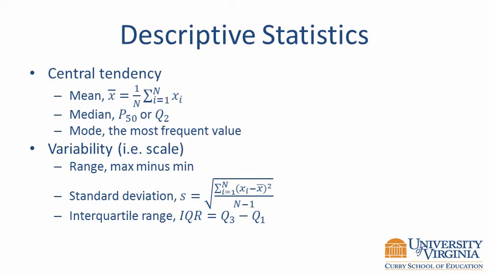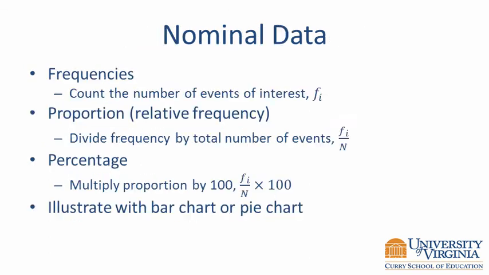You now see that you have various choices for describing central tendency and variability. Which one do you use? It depends on the type of data. You can see that with nominal data, you can summarize the information through frequencies, proportions, also known as relative frequency, or percentages. You can illustrate the information with a bar chart or a pie chart.